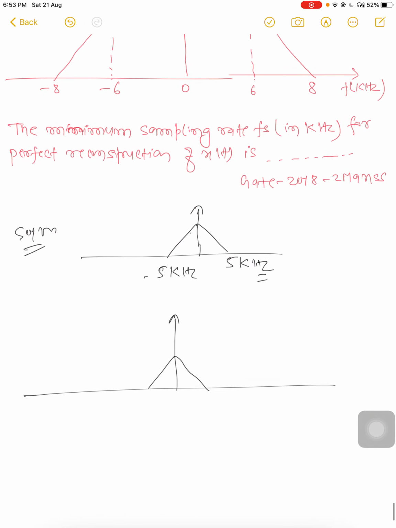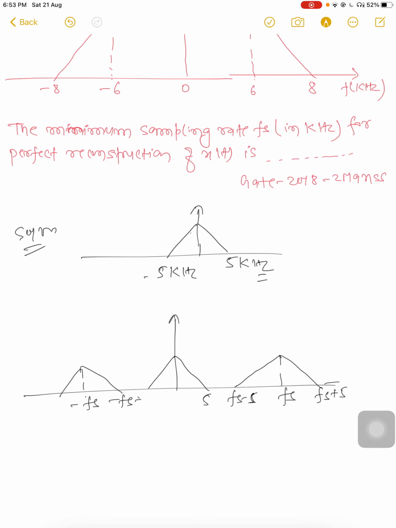Here you will get fs, so the spectrum becomes fs minus 5 and fs plus 5. Next will be 2fs and so on.